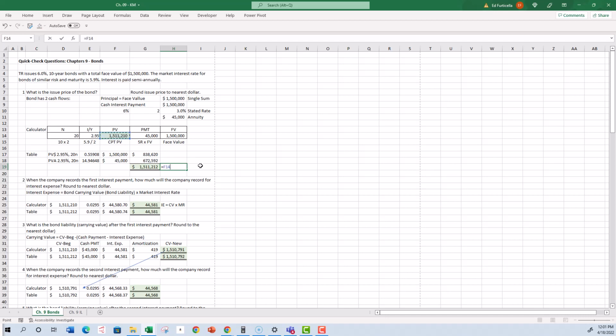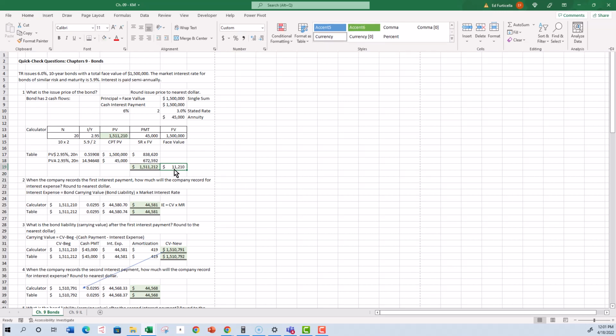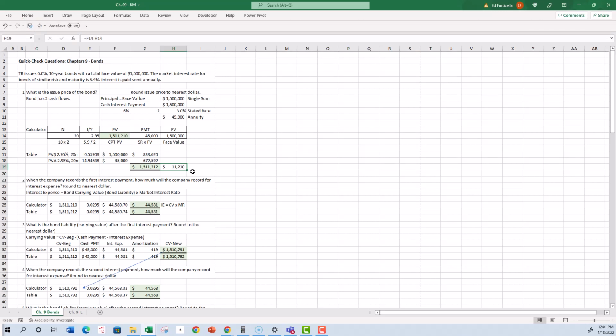As we amortize it, this bond, which cost the investors $1,511,210, will ultimately end up maturing at $1,500,000. When it matures, we will redeem the bond by paying it off. We'll pay the investors $1,500,000, debiting bonds payable and crediting cash. That's it. That's what you need to know when it comes to bond premium.